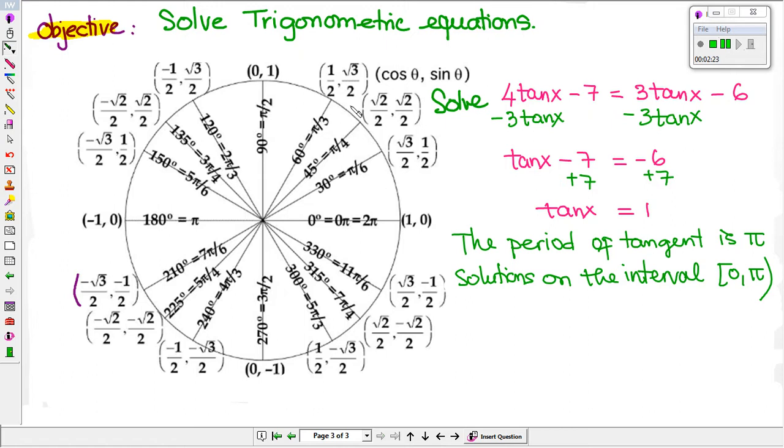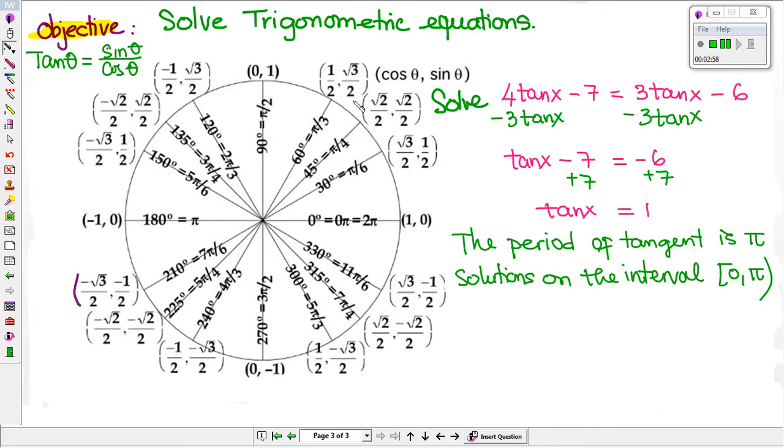Now you can see right here that from 0 to pi, by the way, we're looking for tangent, and of course directly from the unit circle we're not going to see tangent, we only see the values of cosine and sine. So if you remember the quotient identity, tangent of theta is sine divided by cosine. So if I want to find tangent, I will take the second value of each pair divided by the first value.